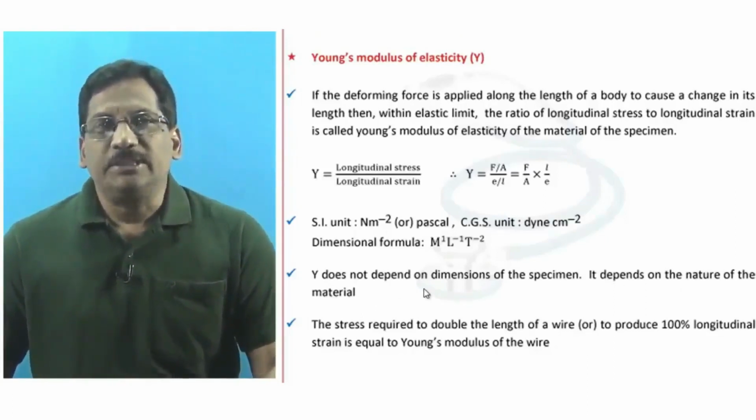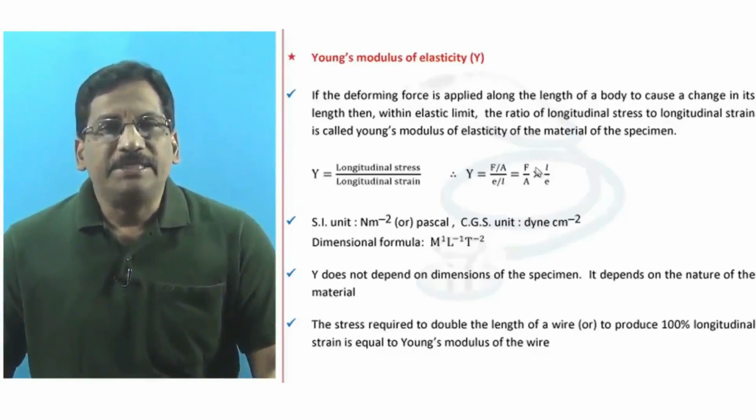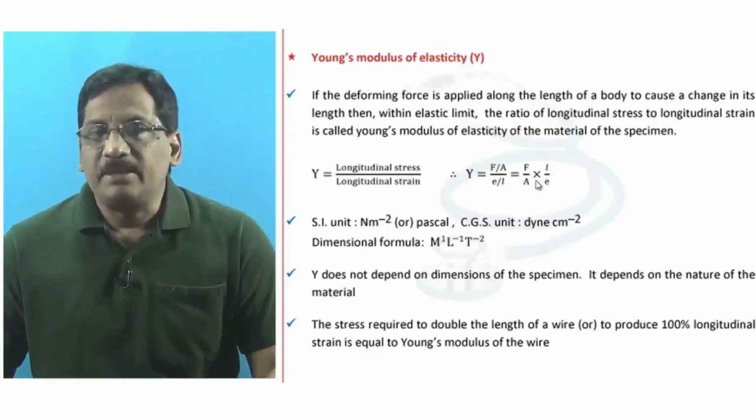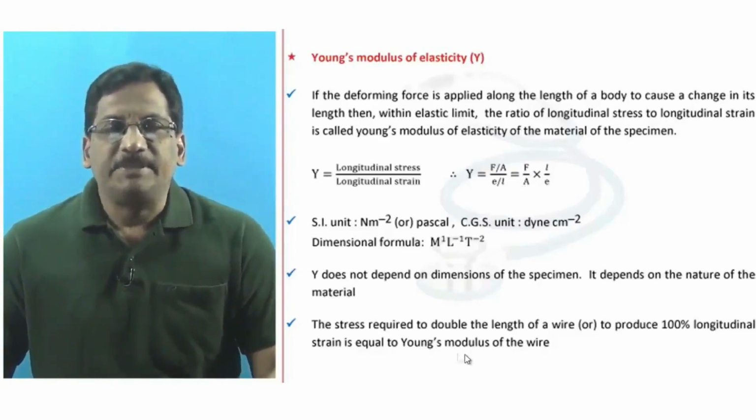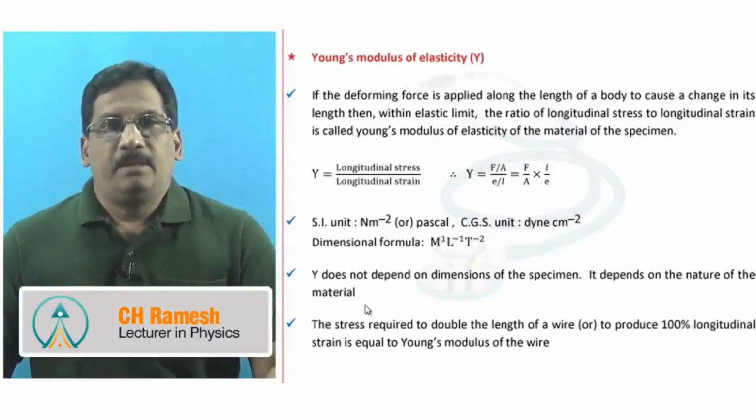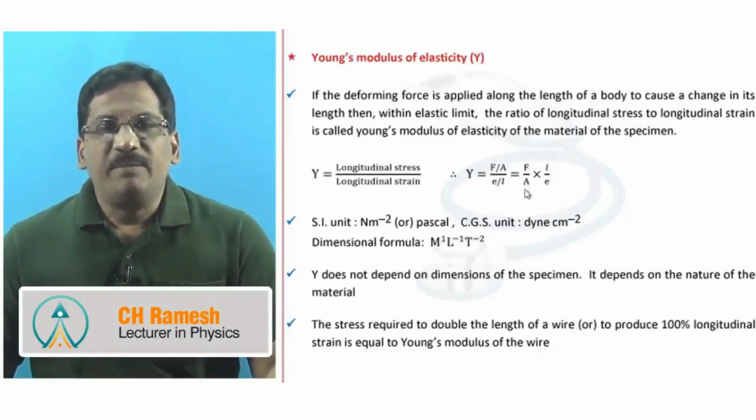So Young's modulus, even though here in this expression L, A are present, it doesn't mean that Y depends on L and A. It is a property of material of the specimen. Now from this expression we can make conclusions like this.